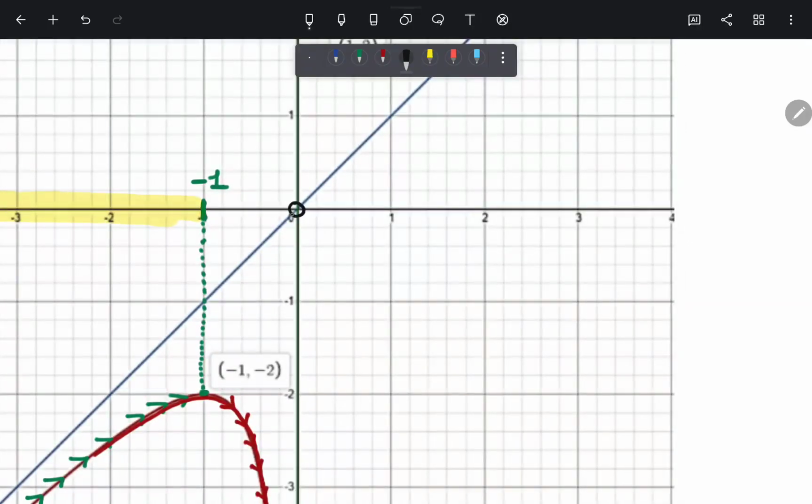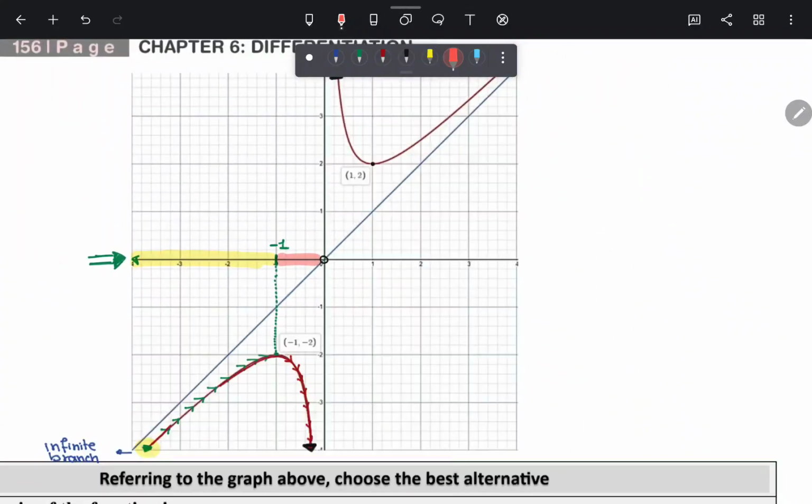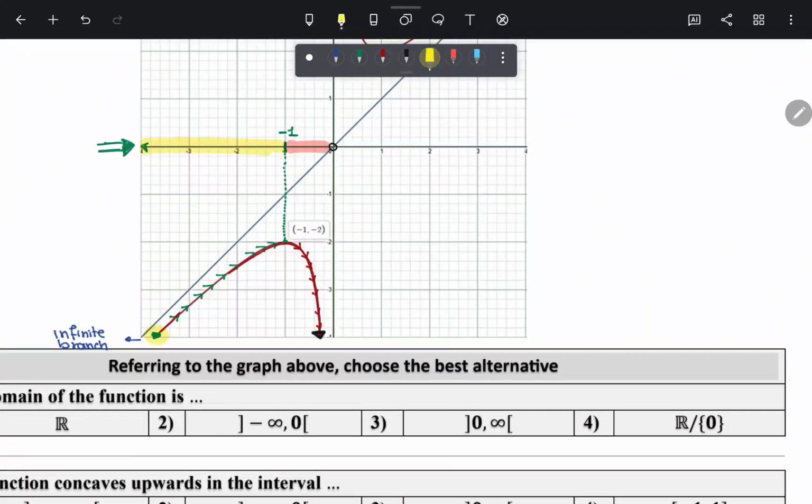So this here is a gap. And as we said before, this place is where the function decreases. Then here, this arrow indicates that we have a second infinite branch. As we said, this place is a gap.